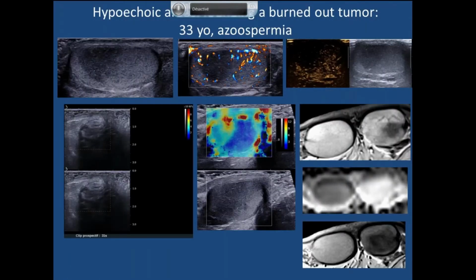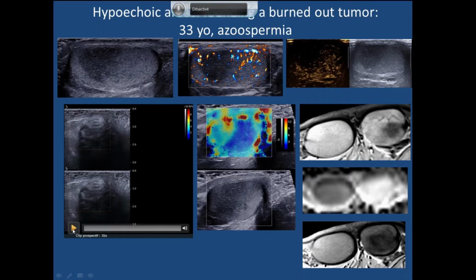This is an example of a burnt-out tumor. It's a 33-year-old man with azoospermia, and we had the surprise of discovering this hypoechoic area, not so well delimited, and it was hypovascularized both at ultrasensitive Doppler and at contrast ultrasound.